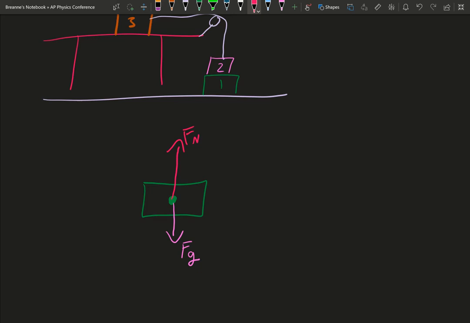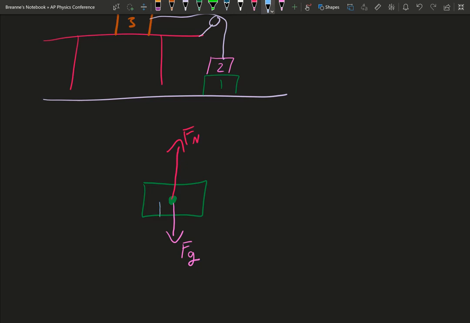So we have the earth pulling down on the block, we have the ground pushing back up on the block, but the block has another box on top of it. So we need to account for that force also. So we have another force going down.